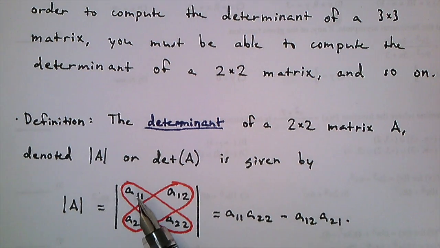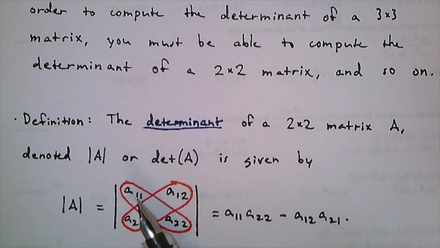Here's my matrix with entries A11, A12, A21, and A22. We're going to multiply the elements on each diagonal, so A11 times A22, and A12 times A21, and then we're going to subtract. So we multiply these and subtract the product of these two elements.